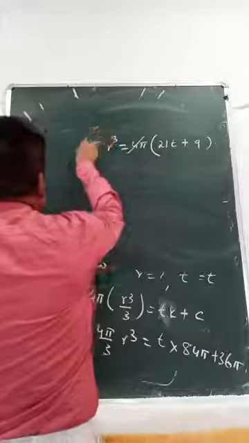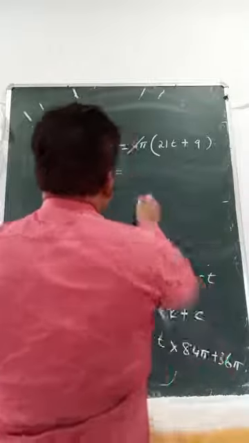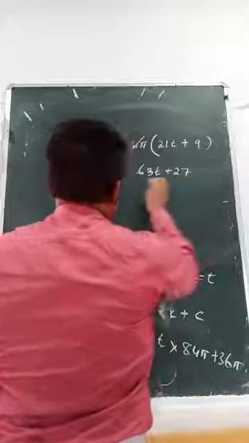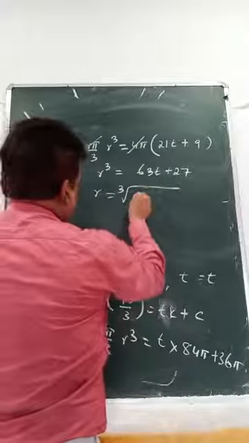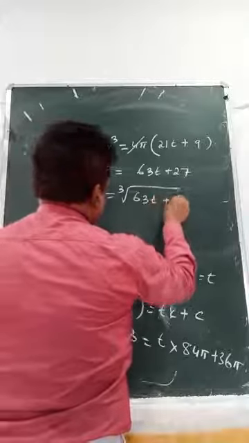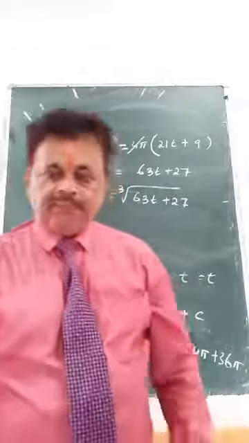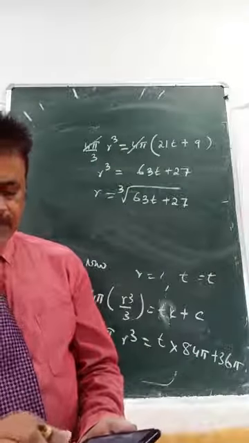This is cancelled. R cube equals 3 will be multiplied, 63t plus 27. R equals cube root of 63t plus 27. This is what is required to find out. Okay, then let's see another question.